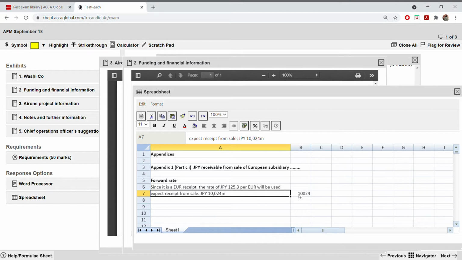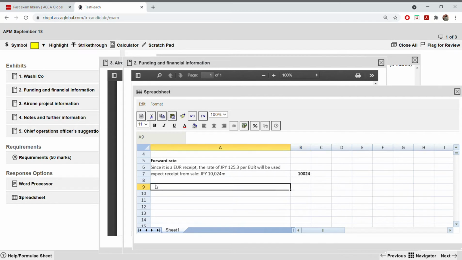This looks much more understandable, right? You can just bold it out, or you can highlight the cell. Okay. Now, next is future. Bold.